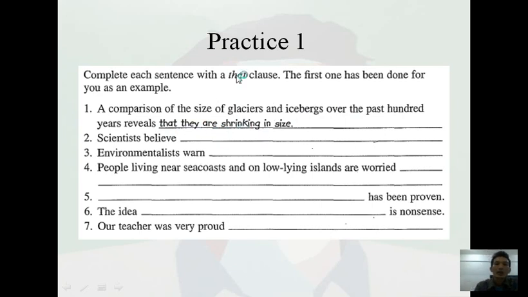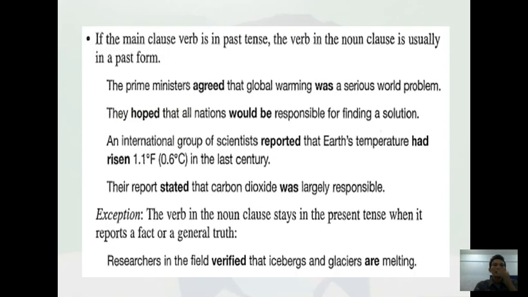Okay, try to use the that clause and give your dependent clause or noun clause. Scientists believe blah blah blah. Environmentalists warn blah blah blah. Okay, complete all of them, please. Okay, we continue.